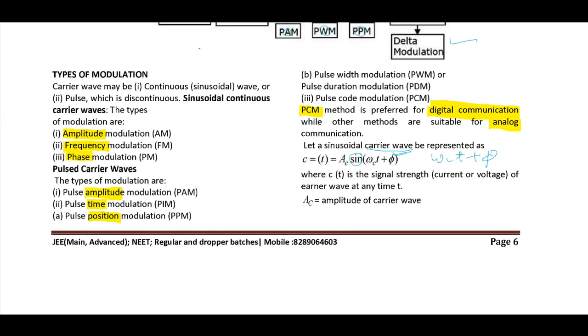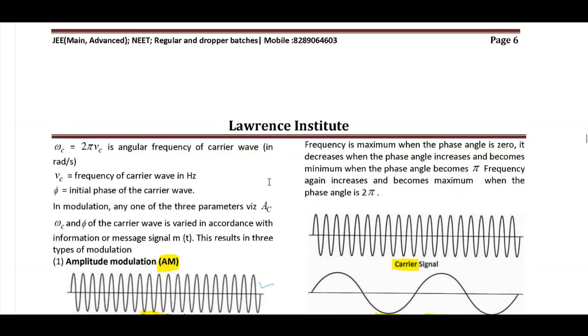Now CT. CT is the signal strength. Signal strength can be expressed in terms of current or voltage. So AC is the amplitude of the carrier wave, as I have already indicated. Next, this is the angular frequency of the carrier wave.